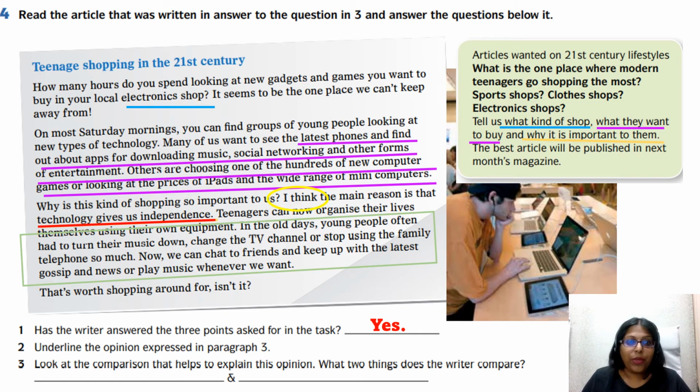Now, we can chat to friends and keep up with the latest gossip. Can you see the comparison? In the old days compared with now. So the answer is the old days and now.